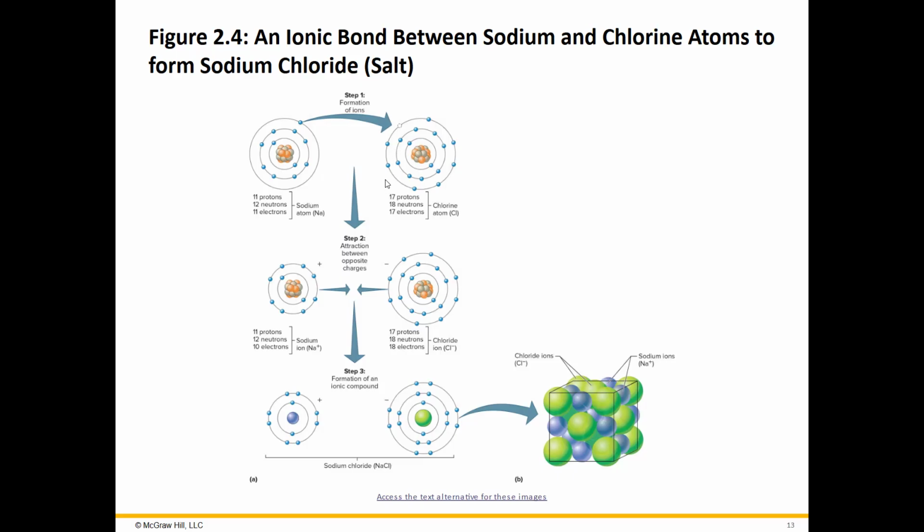But when we break it down, look at this. Its outer shell has 1, 2, 3, 4, 5, 6, 7 electrons. It's missing an electron to become stable. Well, sodium over here just so happens to have 1 electron in its outer shell. Now, does it make more sense for sodium to try and steal 7 electrons from chlorine?